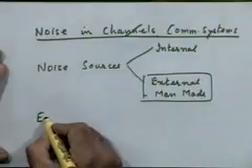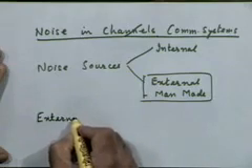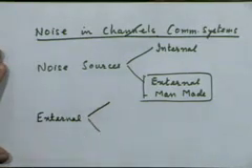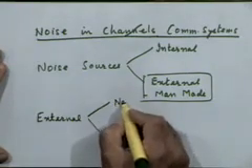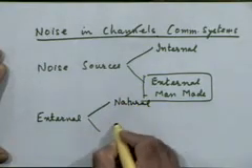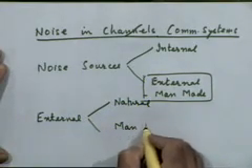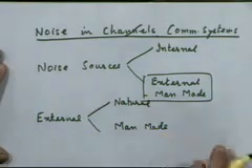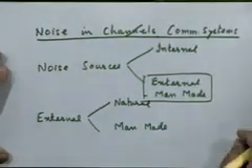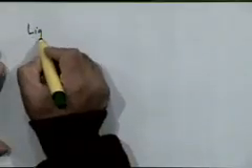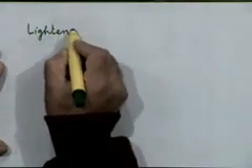So actually speaking, I should have said that the external noise sources are also of two types, namely natural and man-made. Let's talk about the natural sources first. One of the biggest natural external noise sources is... correct. Somebody is saying lightning discharges.